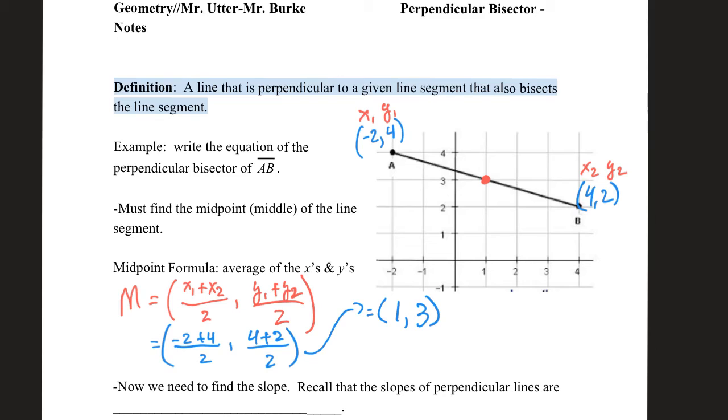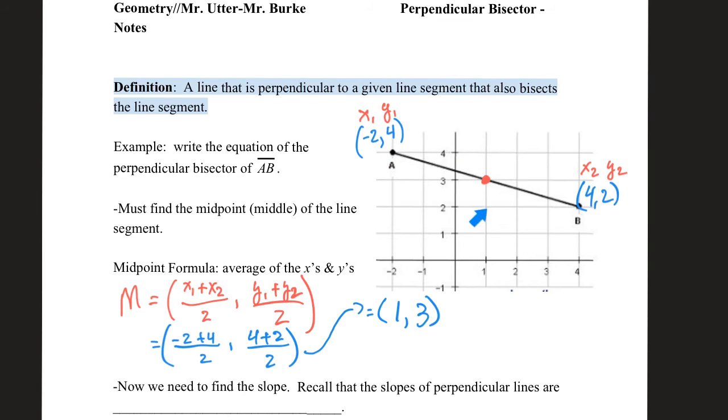Fantastic. All right. So let me show you. We found the middle between how much our x's and our y's changed. So originally, to go from A to B, we went down 2, and in this case, to find our midpoint, we only went down 1. That's true. And then for our y's, we originally went over 1, 2, 3, 4, 5, 6, but this time we only went to the right 3. 1, 2, 3.